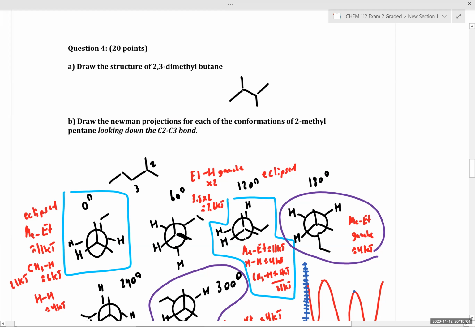So for question 4, I had you draw the structure of 2,3-dimethylbutane and then draw the Newman projections for each of the conformations of 2-methylpentane, looking down the C2-C3 bond. Now, this is a mistake that I commonly see students make. If you look down the C2-C3 bond, let me just put a box around it, what group is hanging off the back carbon?